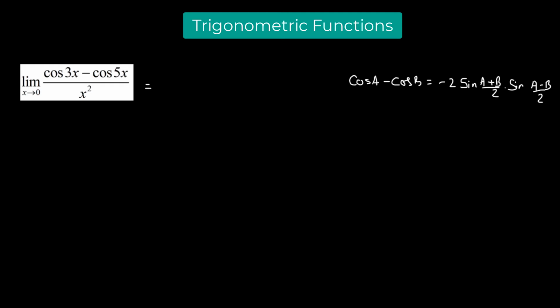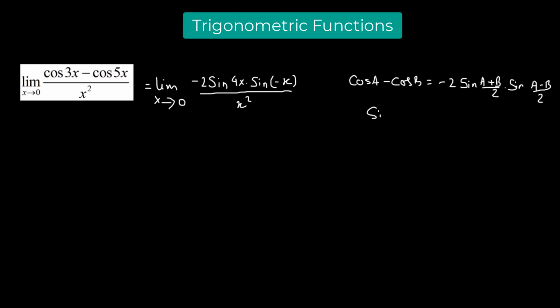So our numerator now becomes, as x goes to 0, −2 times sin of (3x plus 5x, which will be 8x) divided by 2, so that's 4x, times sin of (3x minus 5x, which gives us −2x) over 2, so that is simply −x, divided by x squared.